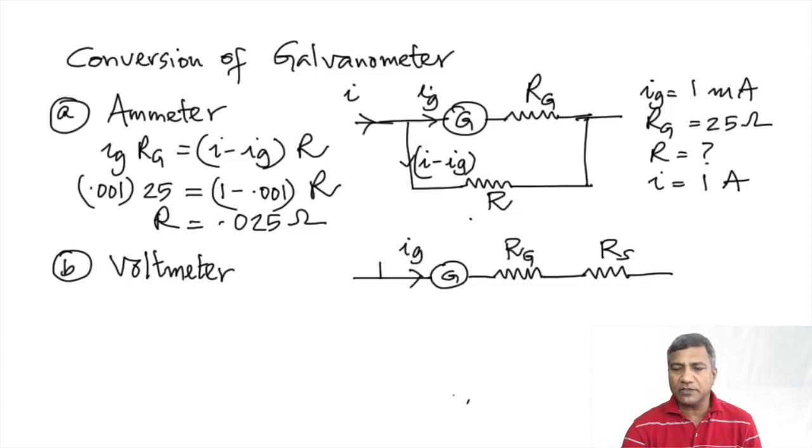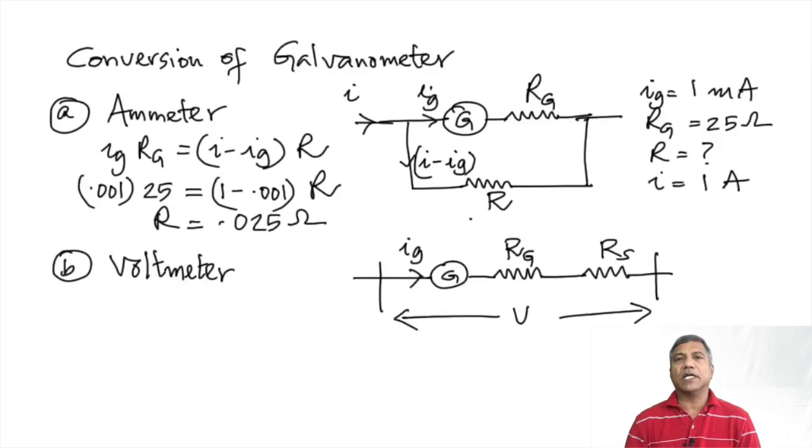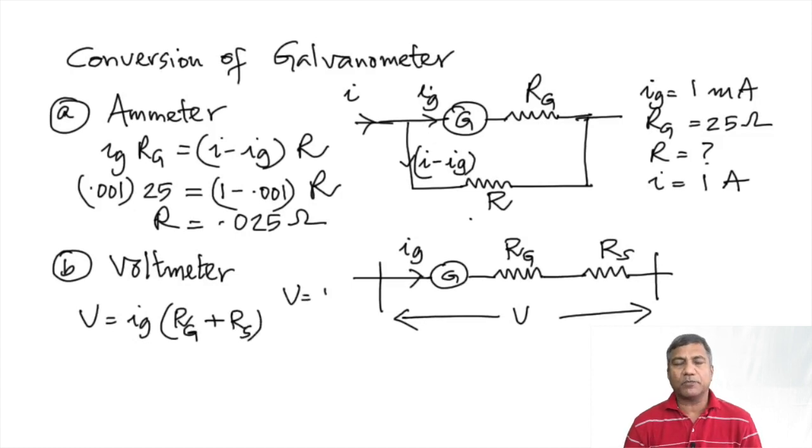So here the idea is, if this galvanometer is now used as a voltmeter to measure up to V volts, then we know that the voltage is the current Ig multiplied by the total resistance, which is Rg plus Rs. So the voltage is the product of current and total resistance, because they are in series. And then we can from that calculate the value of the resistance to be included in series.